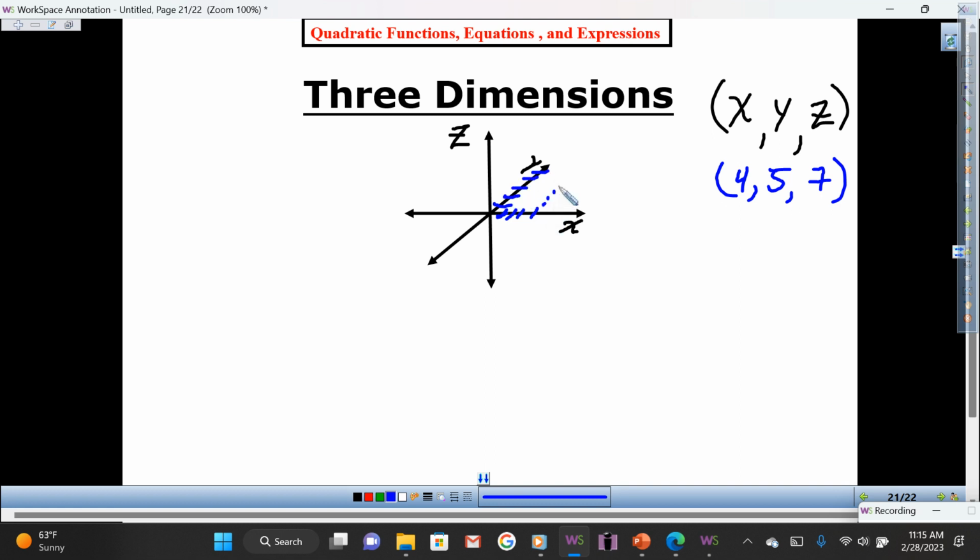So then I go to that spot and put my open point right there. So far I'm not done, because now I have to pick it up off the page and go how many steps up on Z? 1, 2, 3, 4, 5, 6, 7. That means I'm going to pull this up off the page, and it's going to be floating somewhere over here. Woo! Let's go! Third dimension. But to get there, of course, I need to give you a nice little equation.